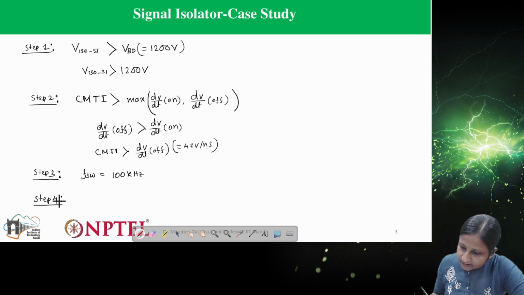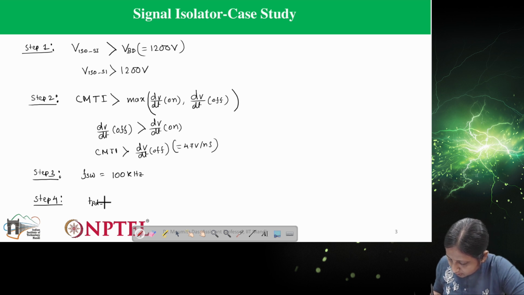Means generally propagation delay for signal isolator, we can consider 1% of switching period.